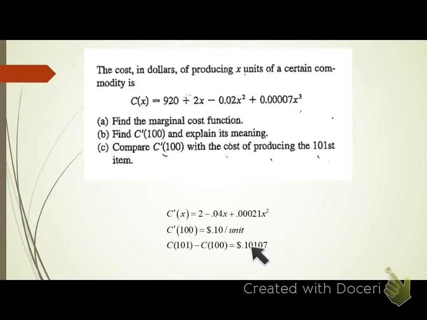Look how close they are. They're almost the exact same thing. That's why we like to go to marginal cost. C prime of 100 would say the cost of producing the next item, the 101st item, costs me 10 more cents. Questions over that thought process? Make sure you're able to explain it to me and show me on the test. I'm done.